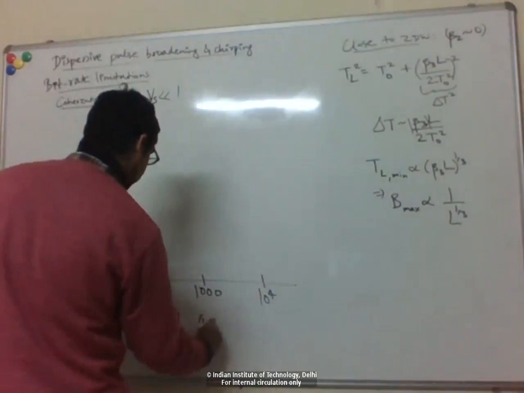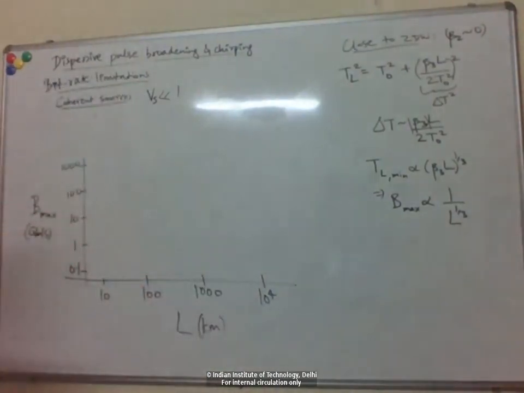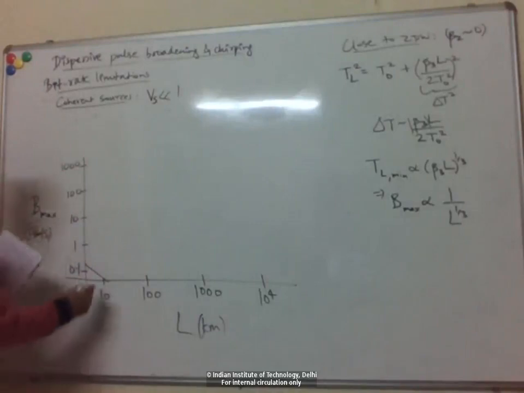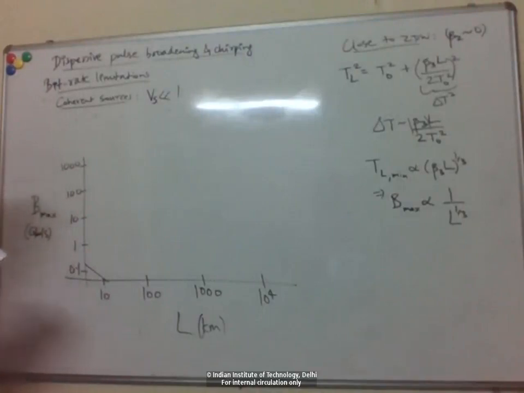Okay, so length here in kilometers on the x-axis, data rate in gigabit per second on the y-axis. So the worst case scenario is when I have an incoherent source. I can operate at very low data rates for very small distances.